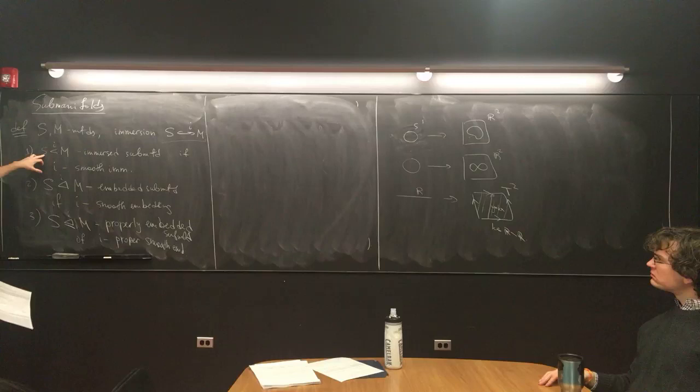Now suppose there's another section sigma prime from U_q into E, also through p.